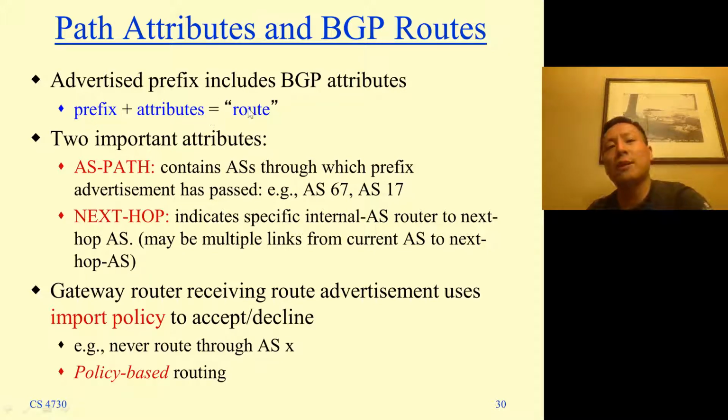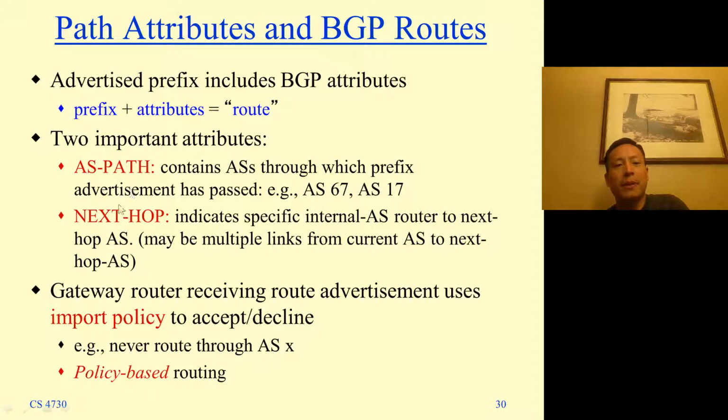Each route or routing entry in the BGP table tells you, for example, if you see these prefixes, then you go through this AS path, which means you have to throw it to this AS first. And it's not only telling you the big picture or road map of the AS path, it also tells you the next hop, which is the exiting edge router connected to the next AS on your road map.